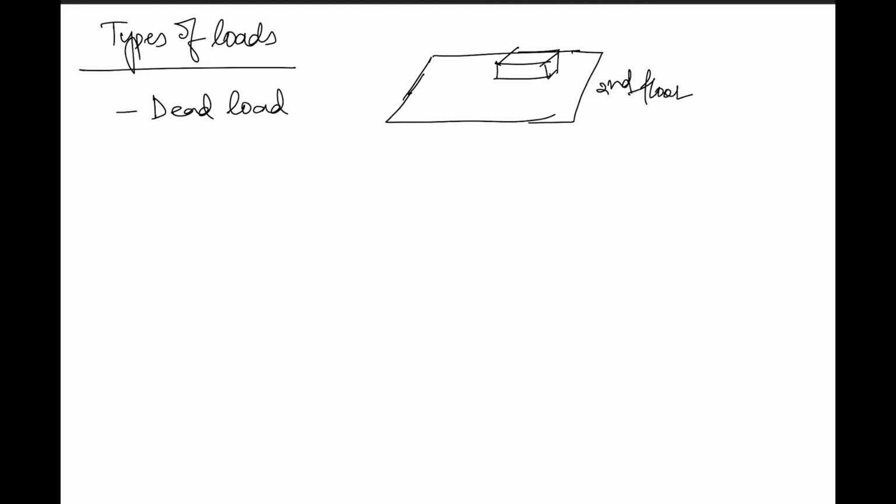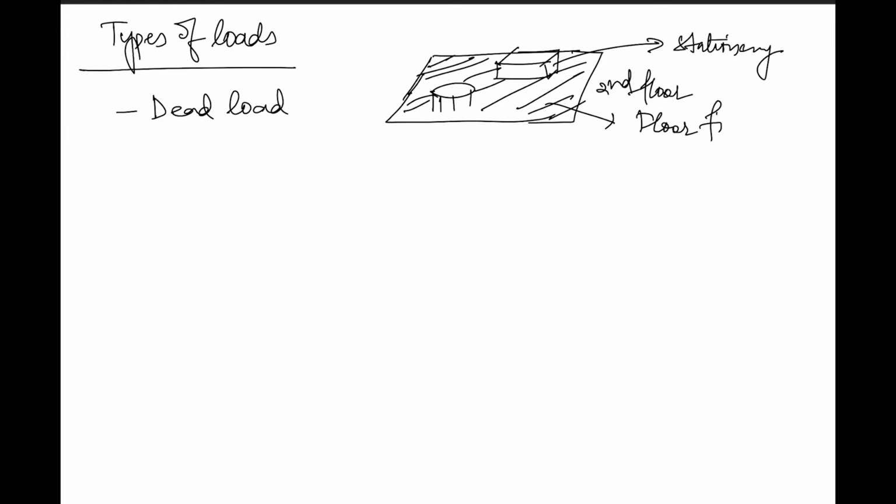Maybe we have a couch potato or something there. Now we have a table. These are all the objects which are stationary. You have floor finishing, right? These all act as a load on this slab. So these are all the examples of dead loads.